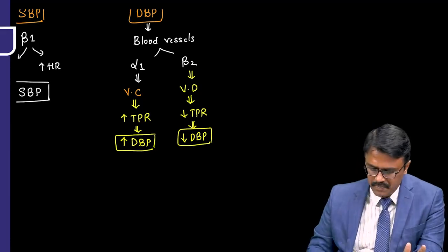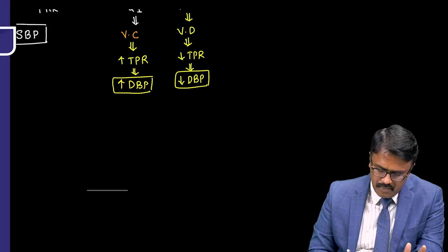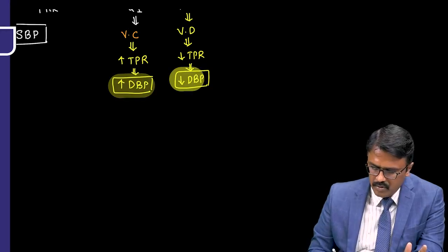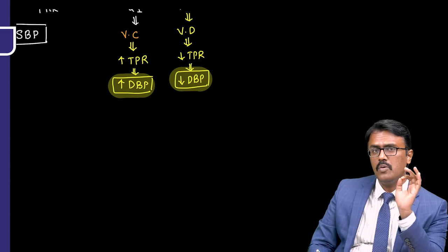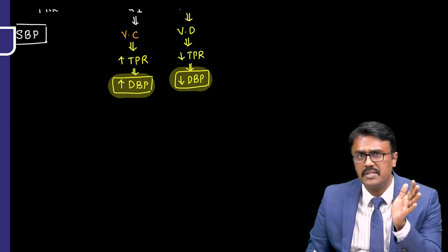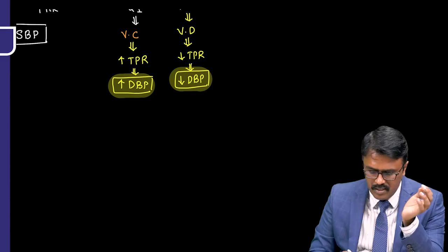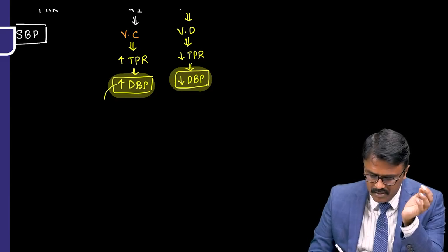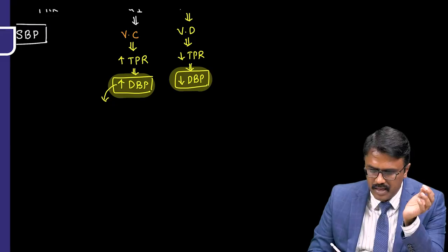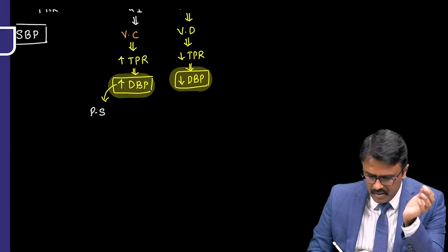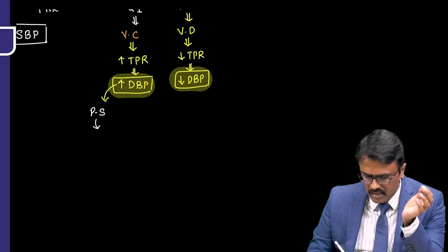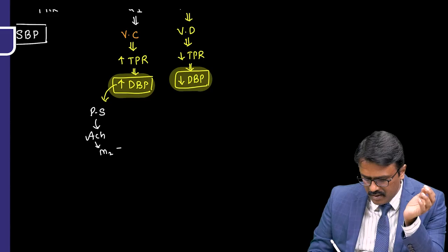Now, whenever the BP fluctuates, I told you there is mean arterial pressure, and who is the one who monitors the mean arterial pressure? It is mainly the carotid and aortic bodies. They take care of that. So whenever the diastolic BP rises, there is activation of parasympathetic, and the parasympathetic will release acetylcholine, and that will act on M2 receptor, and that can decrease the heart rate.